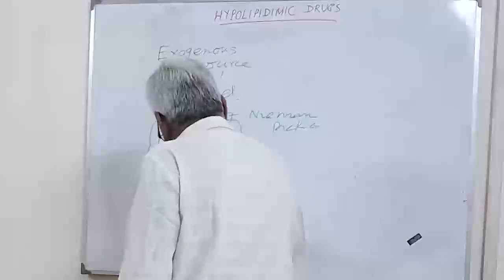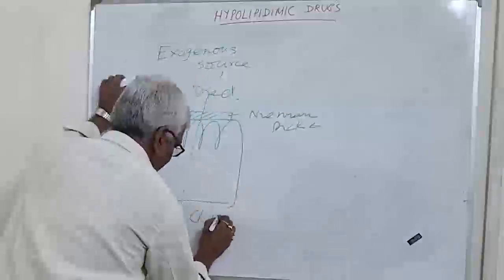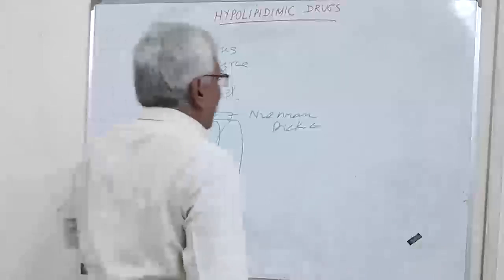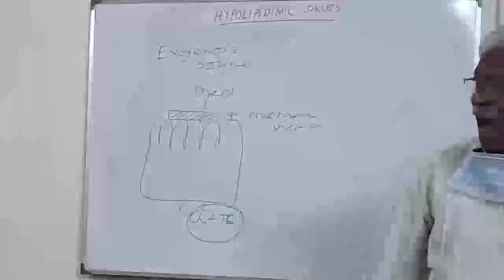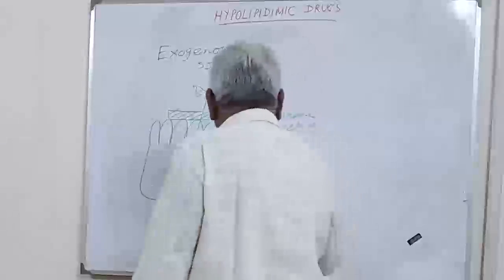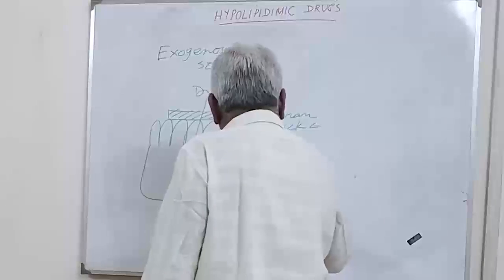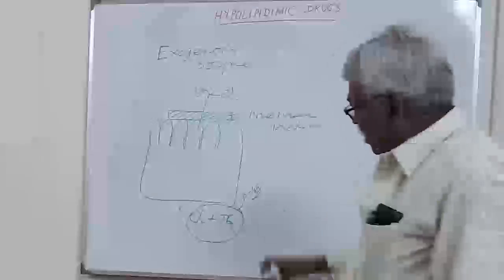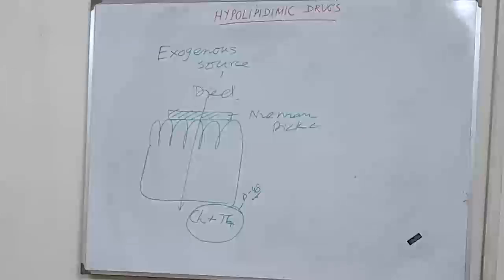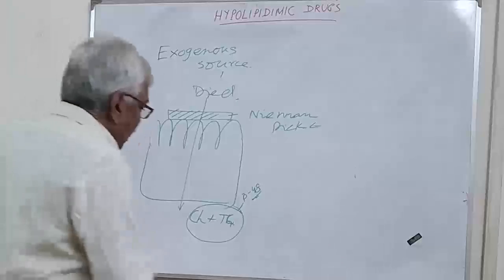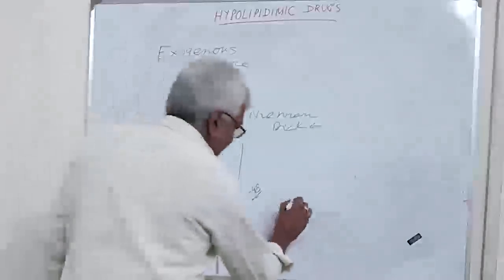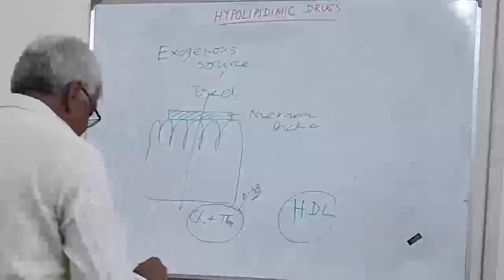Now, after being absorbed, this cholesterol and triglyceride form chylomicron, and this chylomicron has a lipoprotein, and that lipoprotein is B48. So B48 is a lipoprotein generated from the gut, which helps in the formation of the chylomicron. Chylomicron is one fraction of the lipoproteins, and it receives ApoC from the HDL.